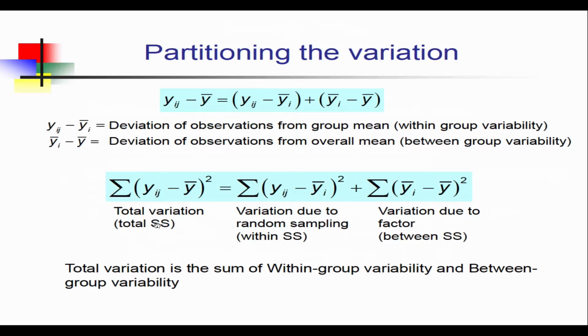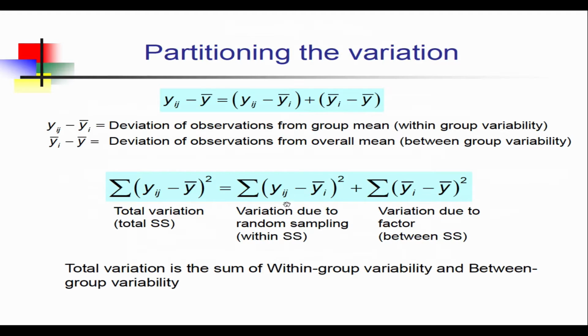The left part is the total variation. We calculate the total variation from each individual to the overall mean. When you square the right side, there is a cross term, but when you do the summation, that cross term equals 0 and is gone. So only those two terms are left on the right-hand side.